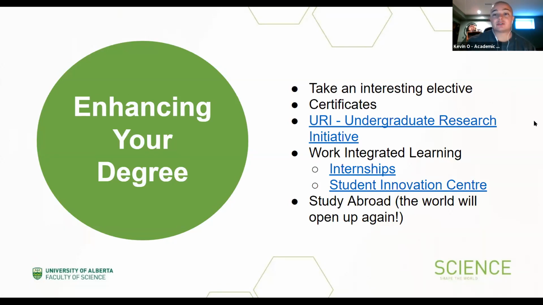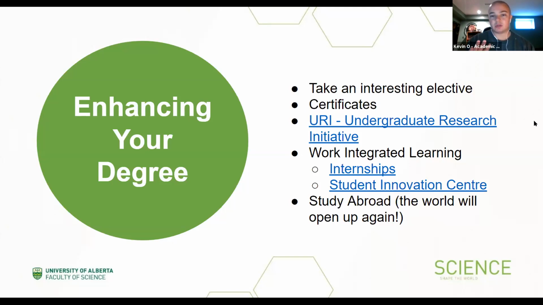Another opportunity is certificates. These are a neat way to add, if you think about it, icing to your degree cake. We're going to go into more details about certificates later on. You can also do the URI, the Undergrad Research Initiative, which gives undergrad students the opportunity to participate in research.